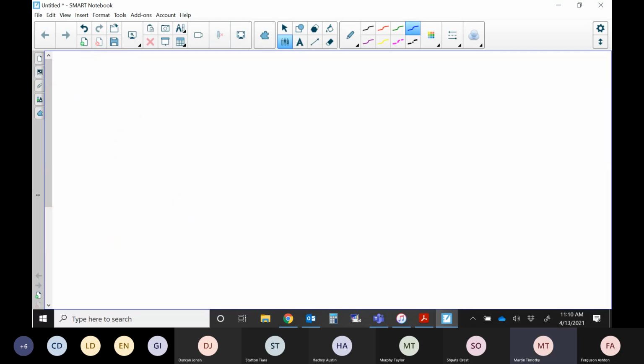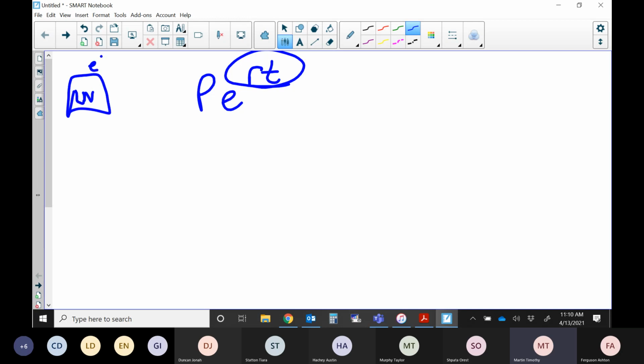So our formula today is called PERT, kind of like the PERT test. But notice the R and the T are in the exponent's place. The x in this case would be our R times T. That would be our power.